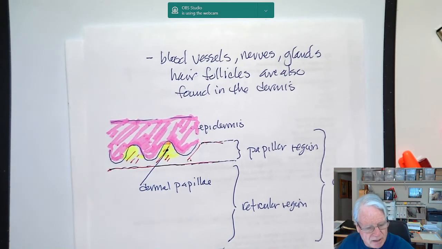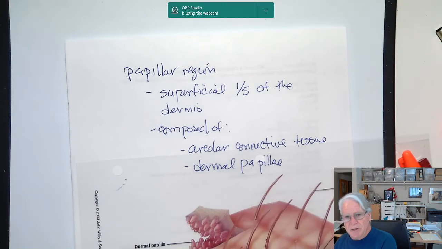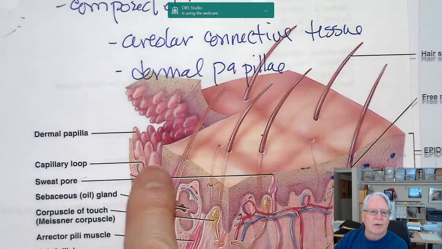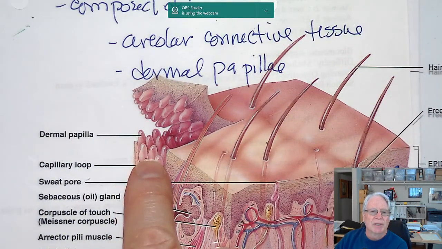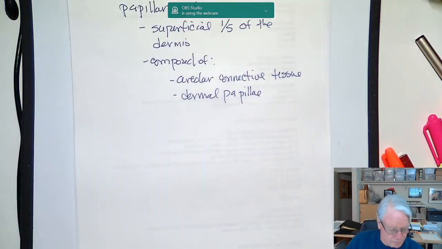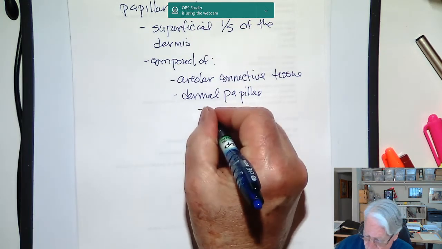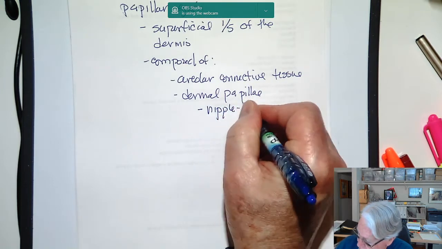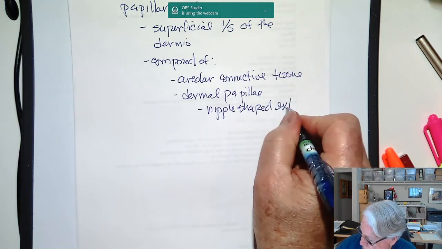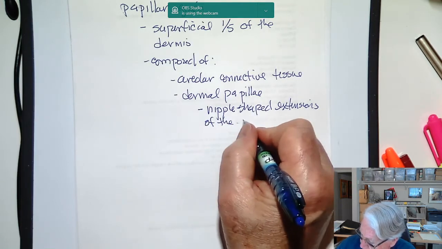And if we come back to the more fancy drawing that the textbook offers us, we can look at those structures right there. So those are dermal papillae. So these are the nipple-shaped extensions of the papillary region.